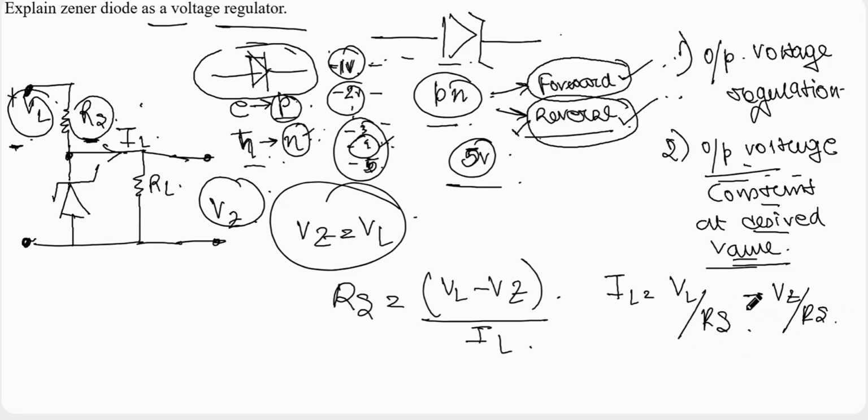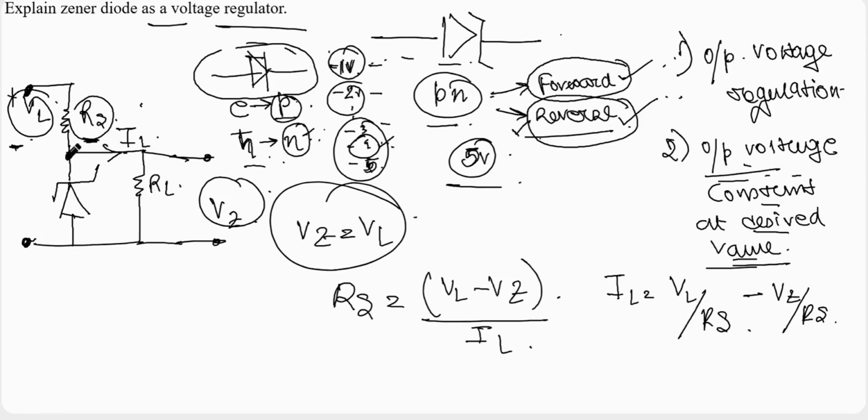Okay. So the current through the diode will increase when the voltage across the diode tends to increase, which results in a larger voltage drop across the resistor. Similarly, the current through the diode will decrease when the voltage across the diode tends to decrease. Hence, the voltage drop across the resistor is very small and the output voltage remains normal.